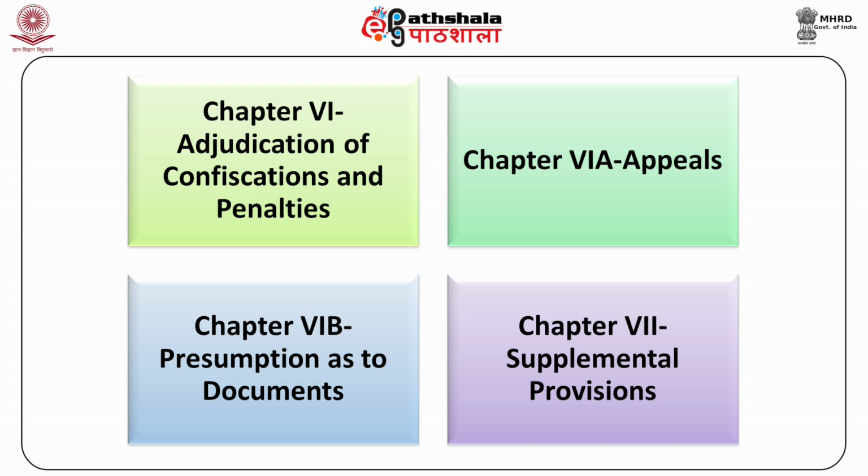Chapter 6A, Appeals. Appeals to Commissioner, High Court, Supreme Court, Sections 35A to R. Definitions, Section 36. Chapter 6B, Presumption as to documents. Statutory presumptions as to documents in certain cases, Sections 36A and 36B.